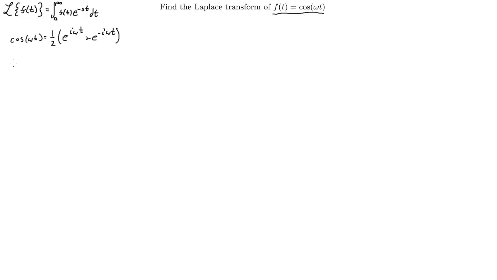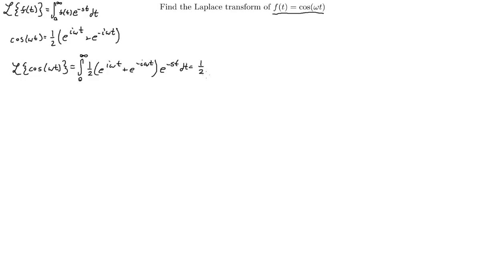So we're going to have that the Laplace transform of cosine omega t is going to be equal to the integral from t equals 0 to t goes off to infinity of 1 half (e to the i omega t plus e to the minus i omega t) times e to the minus st dt, right?